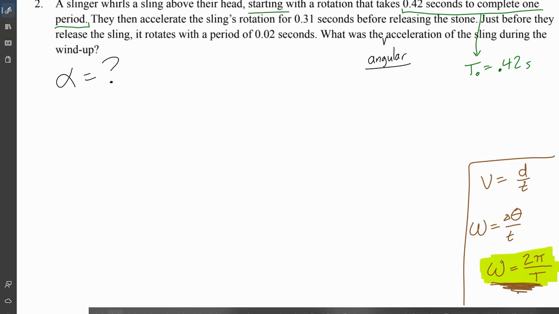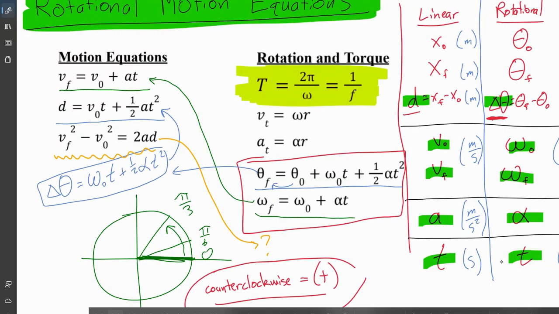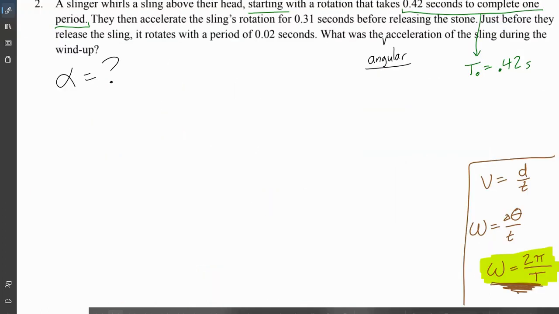AP gives you this on AP's equation sheet. But you have to be able to convert that to know that anytime I'm given period, this really means I'm given angular velocity.